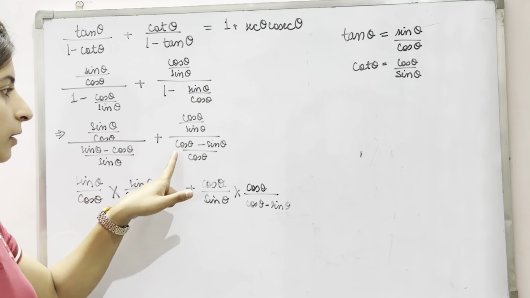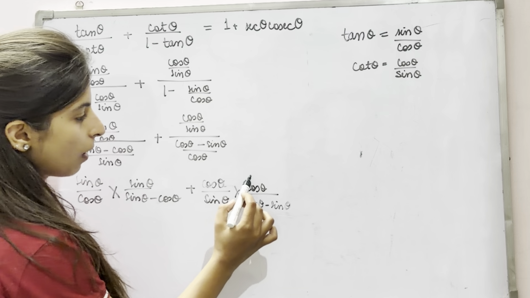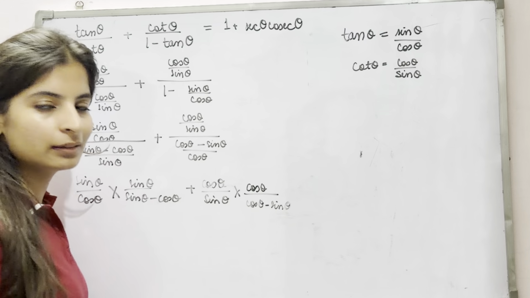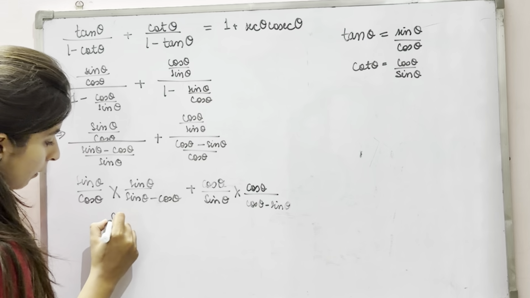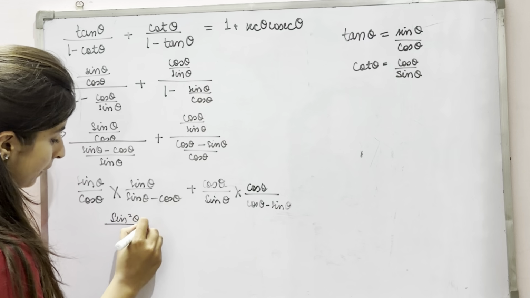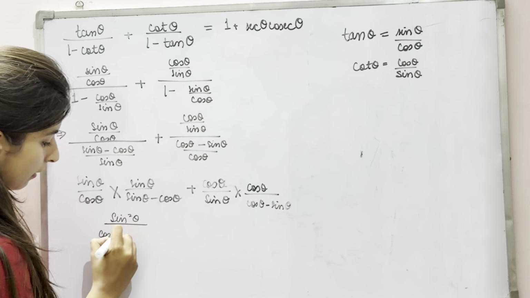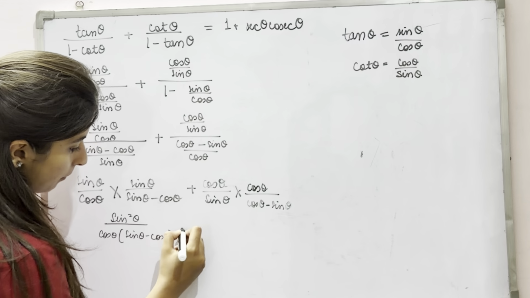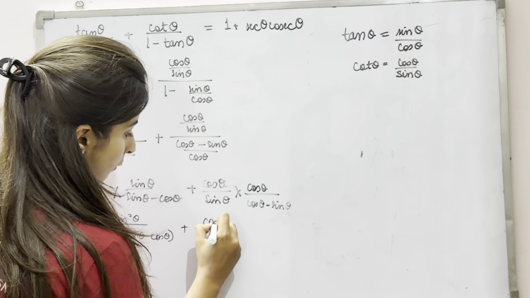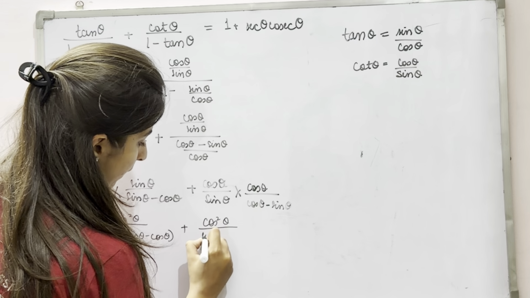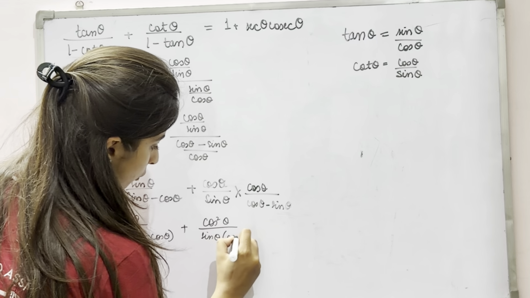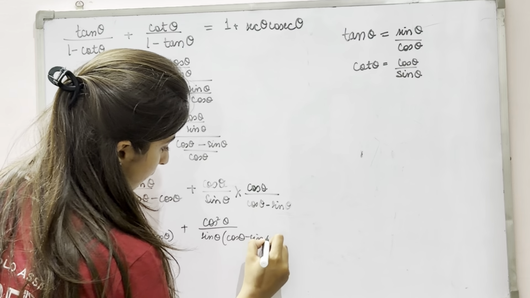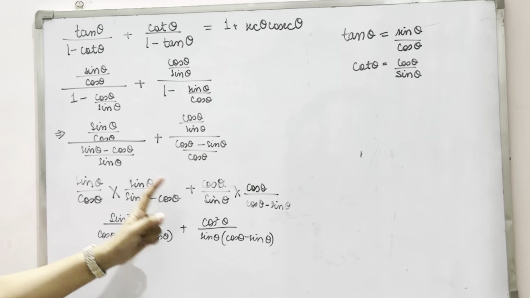Okay, so we just flip this upwards. Cos theta comes up and cos theta minus sin theta comes down. Sin square theta divided by cos theta times sin theta minus cos theta plus cos square theta divided by sin theta times cos theta minus sin theta. This is what I get.